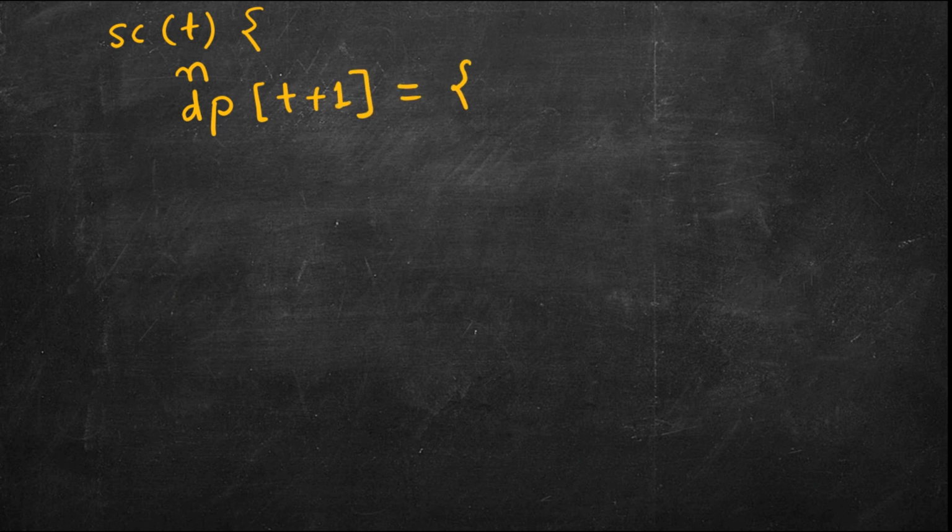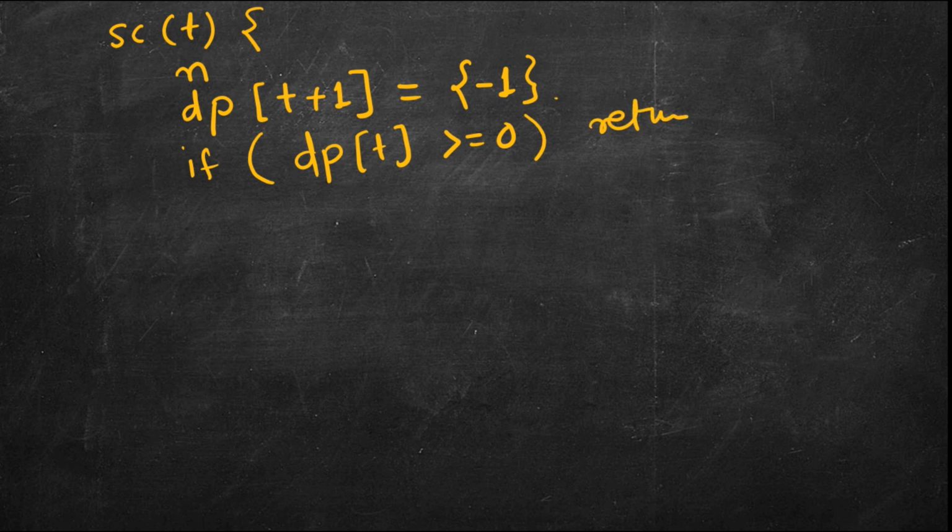Let's say it's initialized to some negative value, and then we check if this solution exists, that is, it's greater than or equal to 0, then simply return it, because initially it was minus 1. Return dp[t].